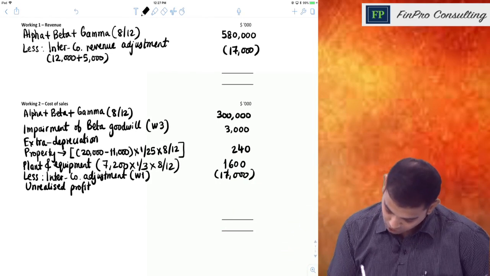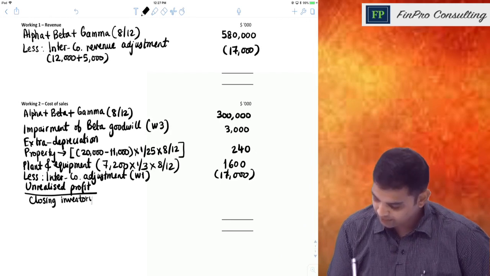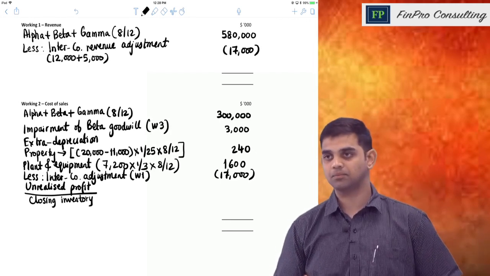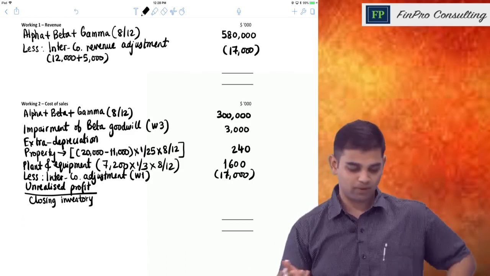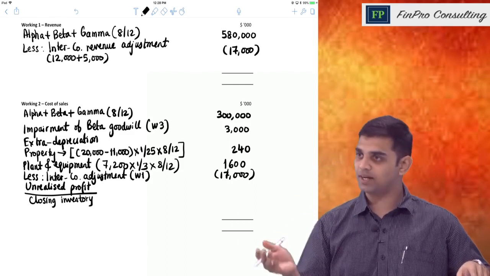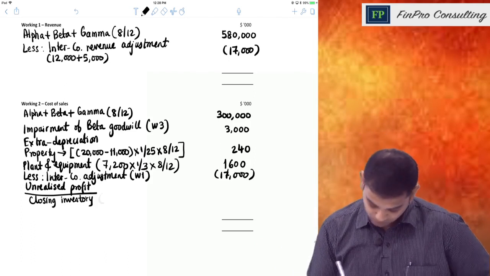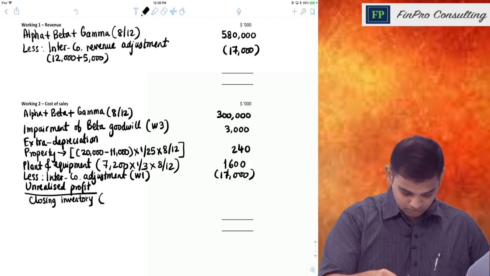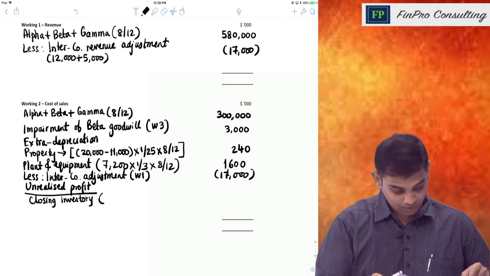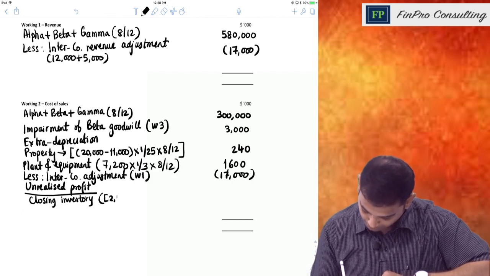Okay. First on closing inventory. Can I add alpha and beta and then take it? Yes, you can. Why to calculate separately for alpha and beta? Beta and gamma. You can take the total of beta and gamma closing inventory and directly compute the amount. So what are the amounts? 2,400 plus 2,000.